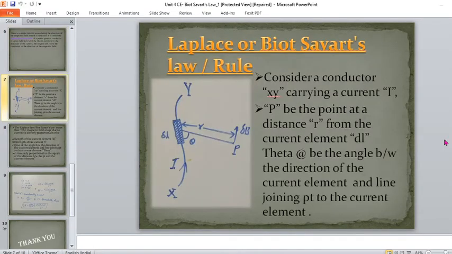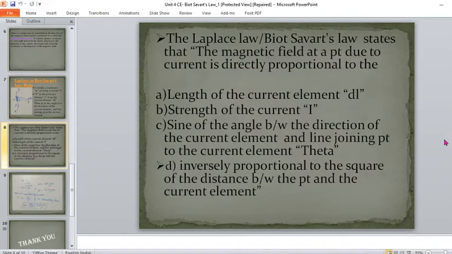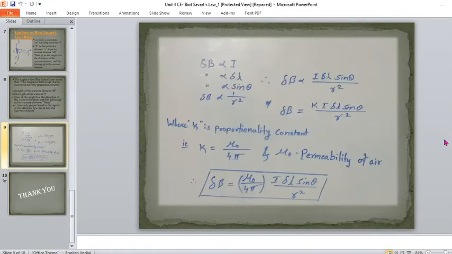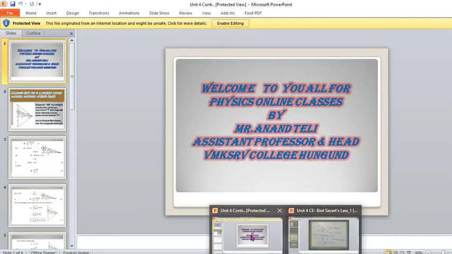Those are the three basic rules we discussed. Moreover, we discussed the important Laplace form of Biot-Savart's law and we got the derivation for it. Finally, as I said in the previous class, dB is equal to mu naught by 4 pi into I dl sine theta by r square. This is the final expression we got in the previous class. Let it be, and we will go with the next important concept.